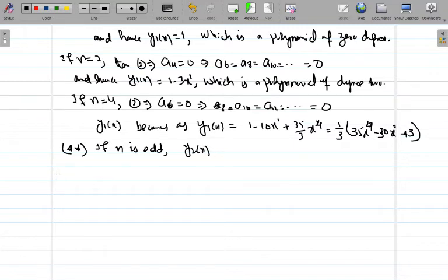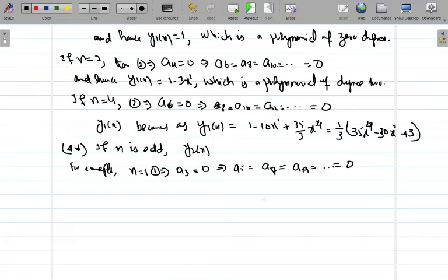So to check this, for example, n is equal to 1, we can reduce equation 2 to become a3 is equal to 0, which implies that a5, a7, a9, and so on, all these coefficients become equal to 0, and hence y2 should be equal to x.